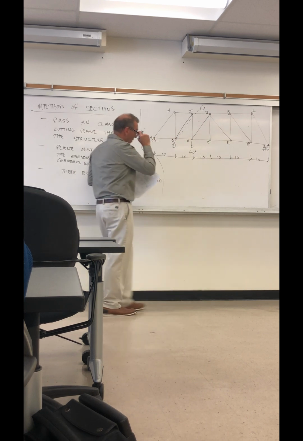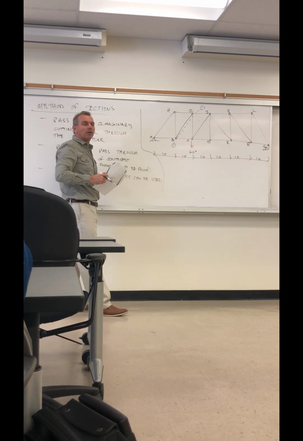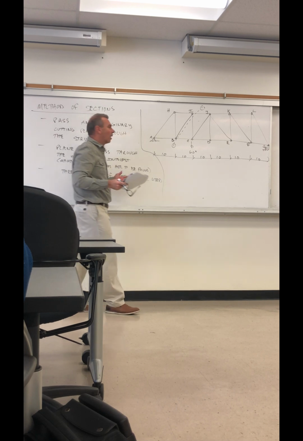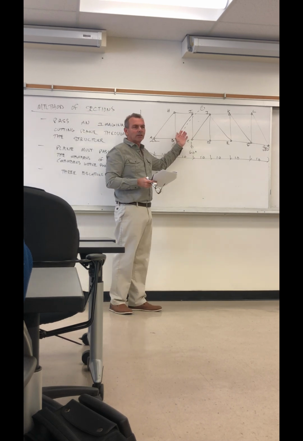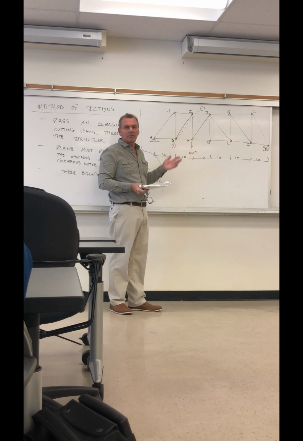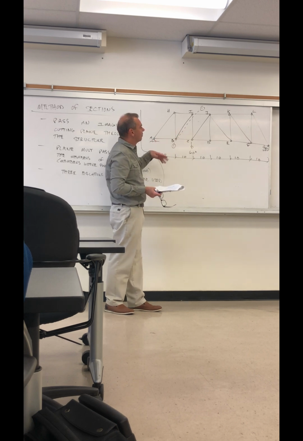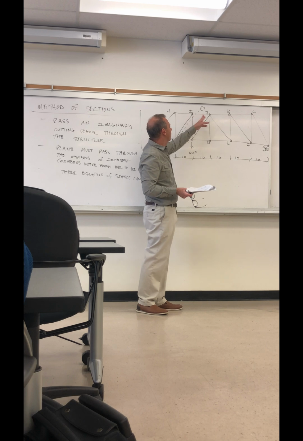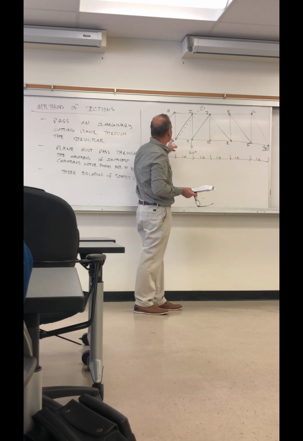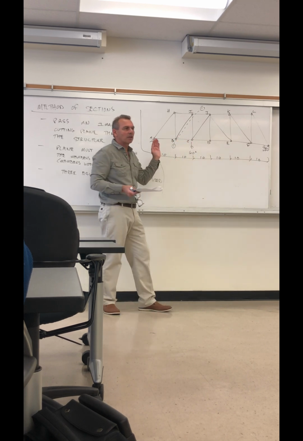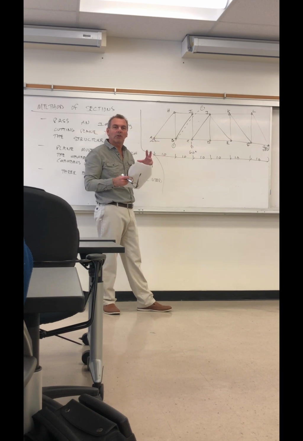That's section 1-1. On an exam or a homework problem, I'm not going to give you the section cut. You're going to have to figure out where to take it. In this case, if you were looking for, let's say, force IJ, force IC, or force BC, see how it's cutting through those 3. So you can solve for those 3 by a section cut like that.